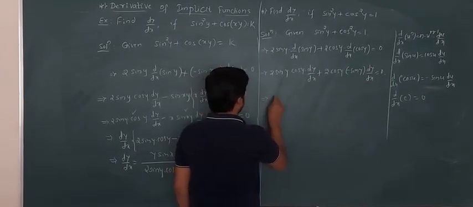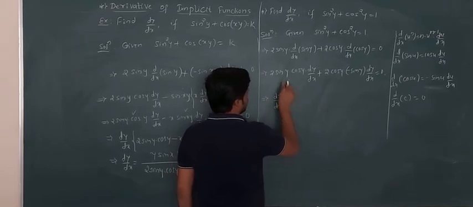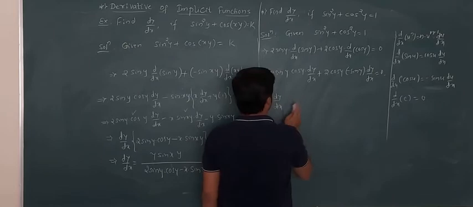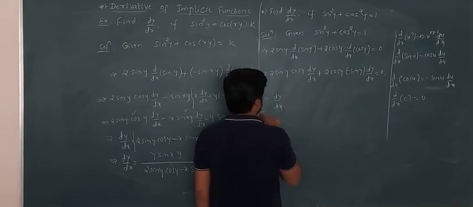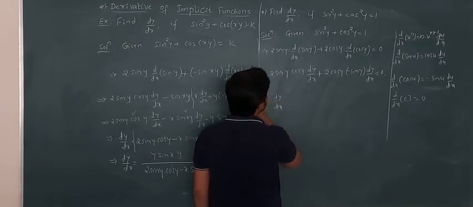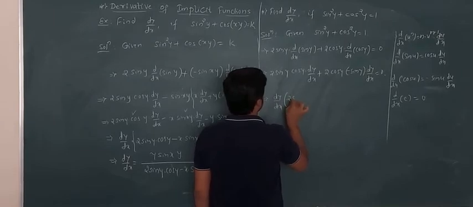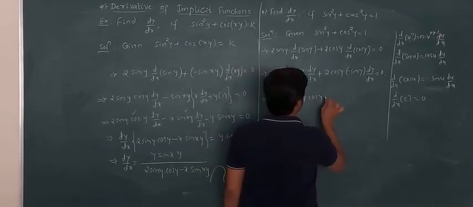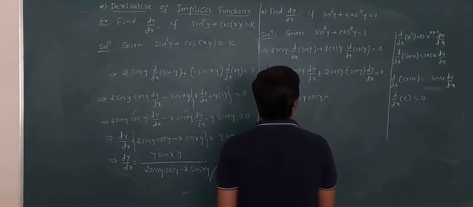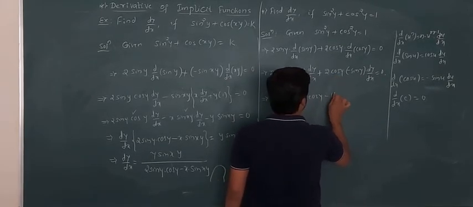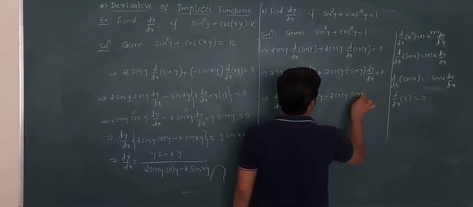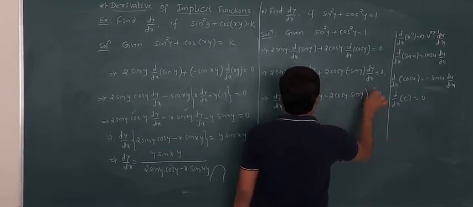To solve for dy by dx, in these two terms dy by dx is common, take it outside, and we get dy by dx into 2 sin y cos y minus 2 cos y sin y is equal to 0.